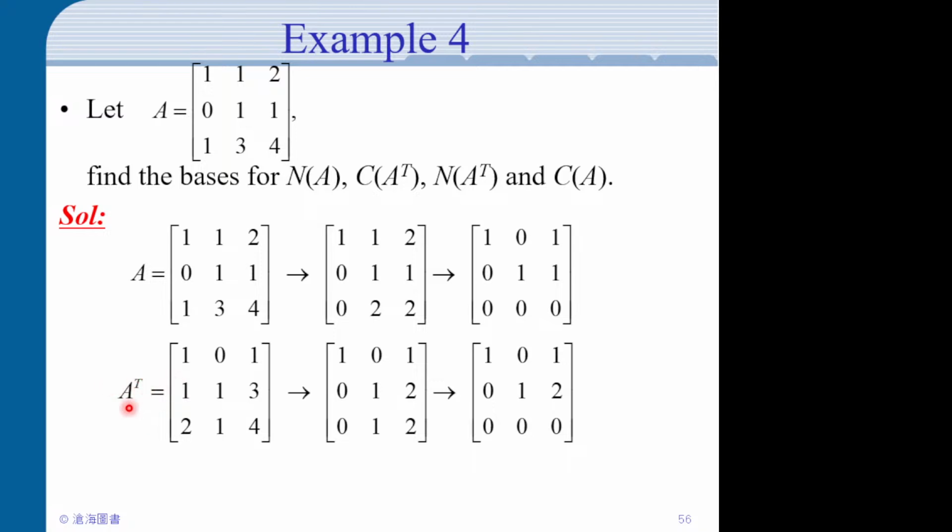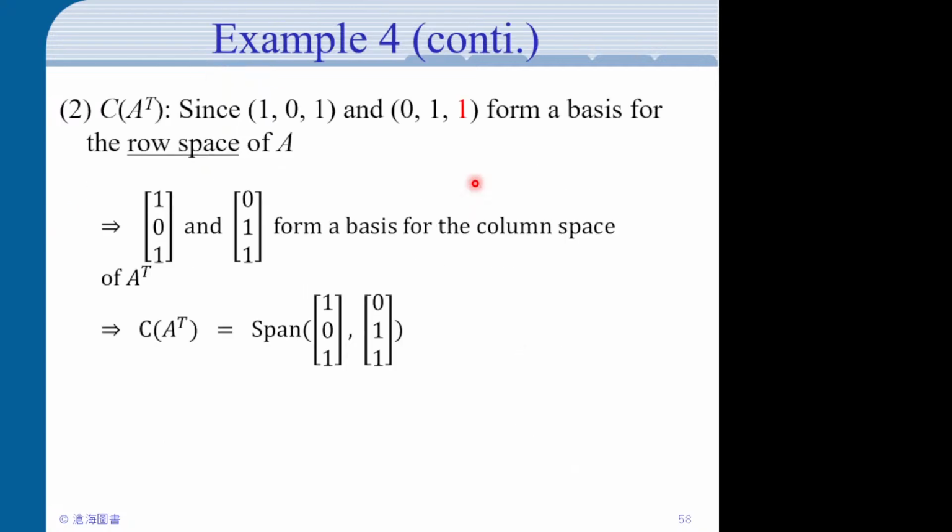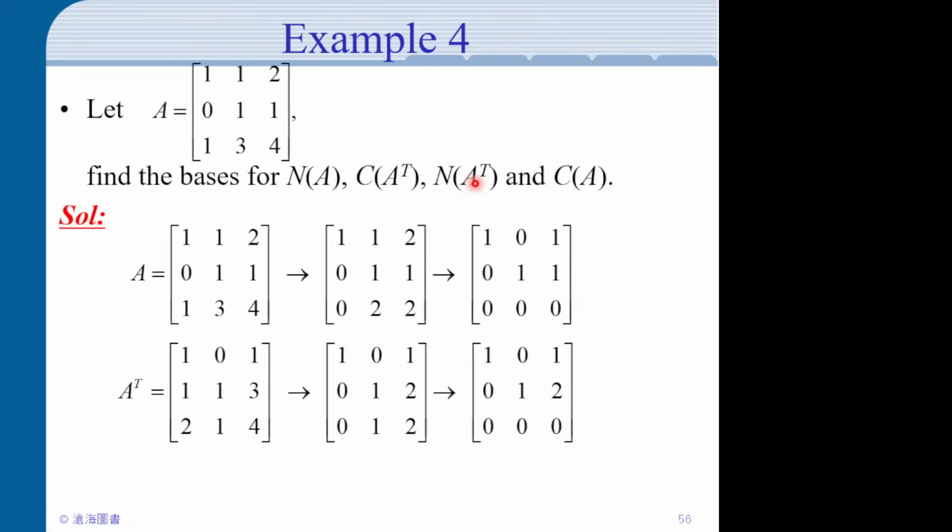We do this because we want to find the null space of A transpose. I don't think there is a smarter way, but I guess it's a good question for you to think about whether you can get the null space of A transpose easily from just this.